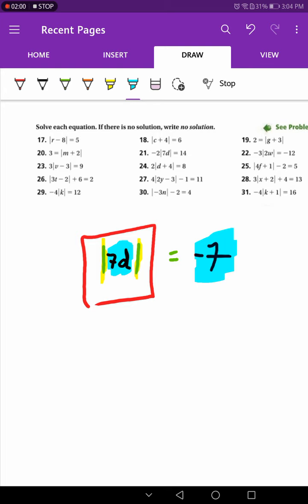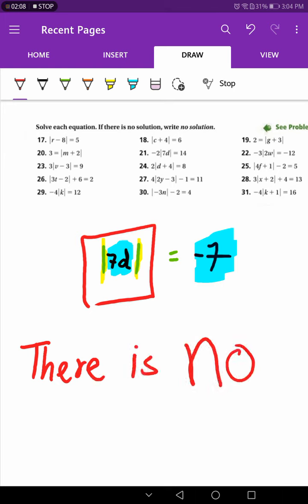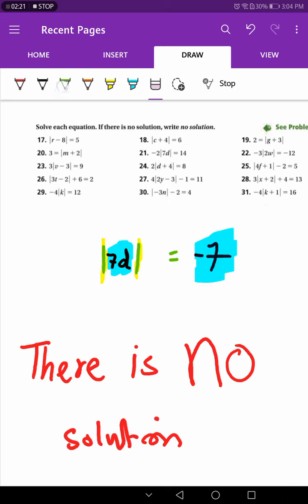In this case you have to say there is no solution, because the nature of absolute value makes everything positive. So the left side all of the time is positive, it cannot be negative.